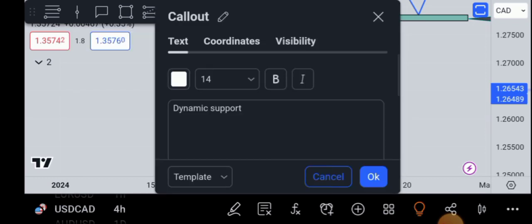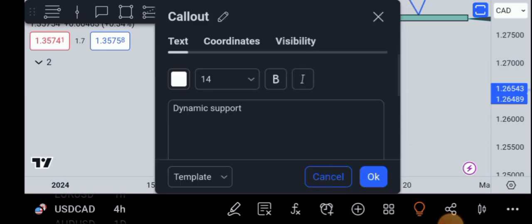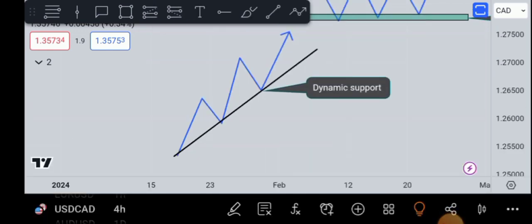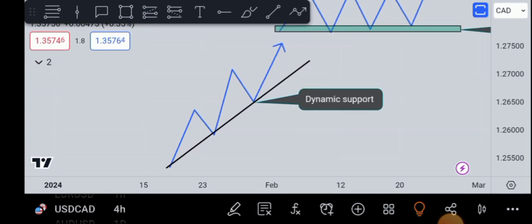Let me just title this so you can make reference, or you just note that down. So this is a dynamic support or a trend line. Price keeps moving in that trend.